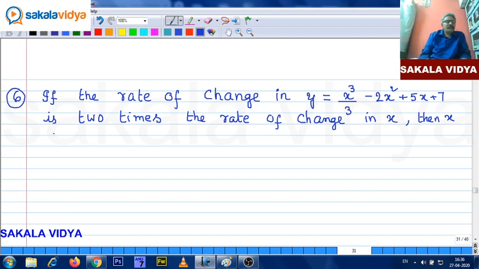First option is 2 comma 3, second option is 1 comma 3, third option is 1 comma 2, fourth option is 2 comma 5.